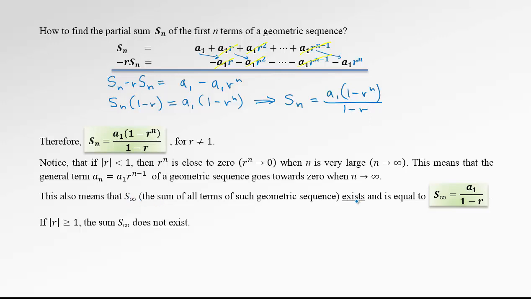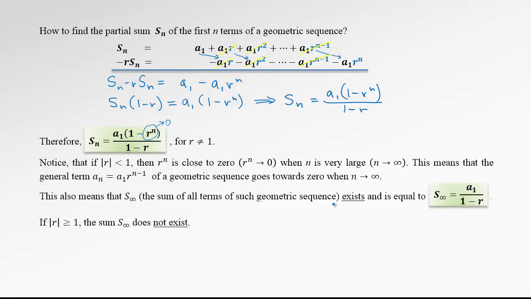This sum would exist, and it would be equal to just a1 over 1 minus r. Why? Well, intuitively, if this part is going towards 0 for very large n's, the whole bracket is nearly 1, and we are replacing it by 1. Therefore, this whole business disappears, and we have an even simpler formula, a1 over 1 minus r.